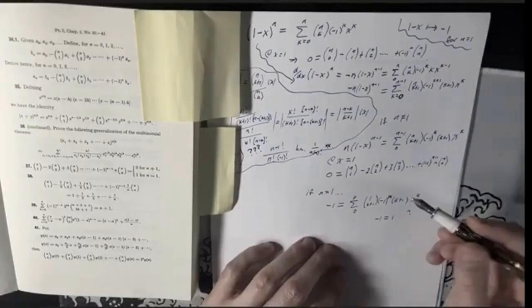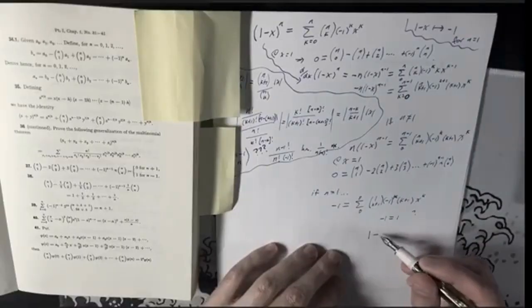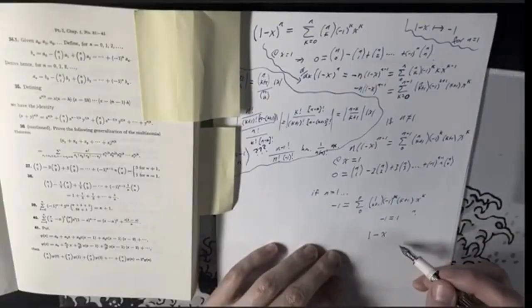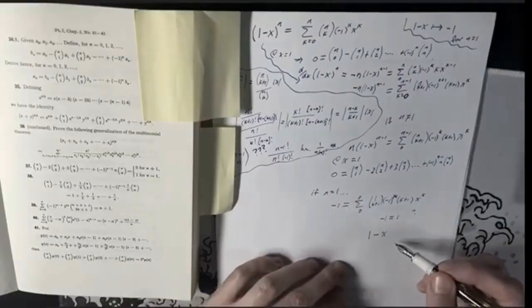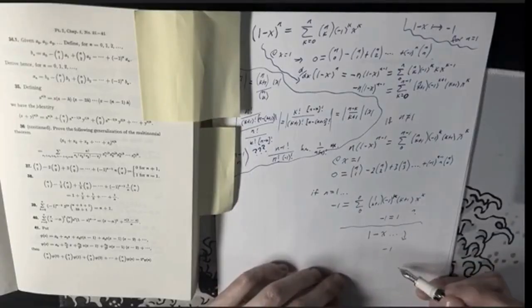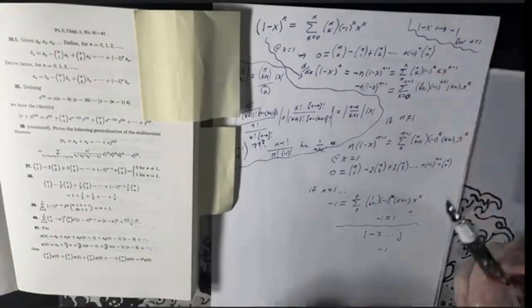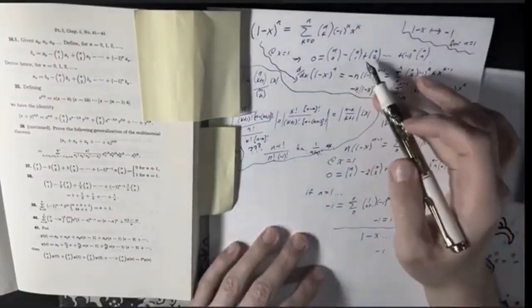Well, on the original function, you had 1 minus x, which of course at 1 is 0. I then took its derivative and I got negative 1. I wonder where I'm going with this. Maybe if I was a little more careful, it would have worked out correctly.